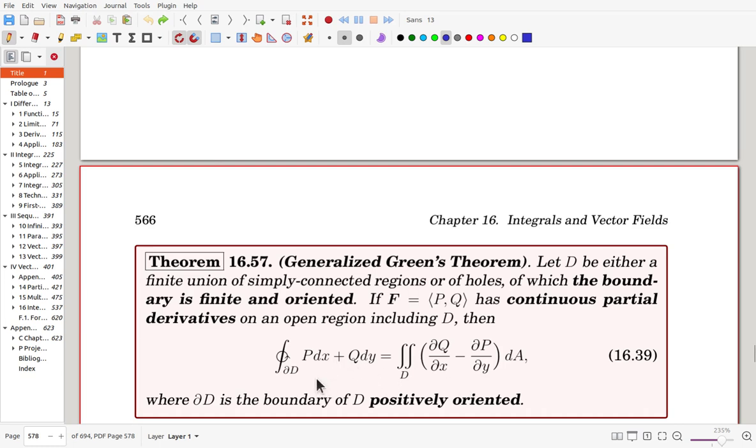That is generalized Green's formula. The line integral, positively oriented for every boundary, of P dx plus Q dy is the same as the region integral over D of Q sub x minus P sub y. Here again we say round D is the boundary of D positively oriented.